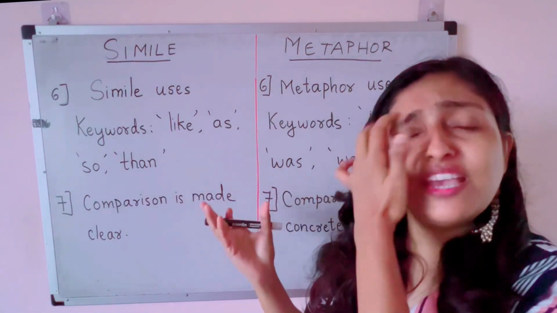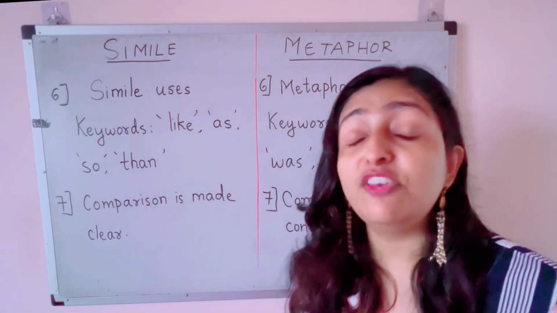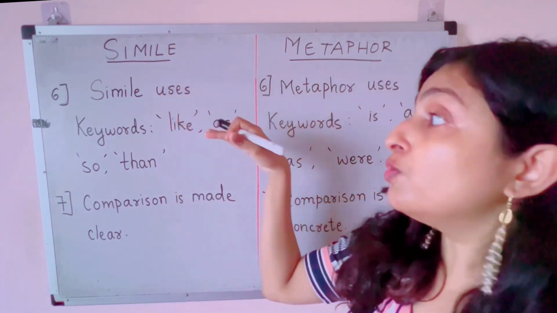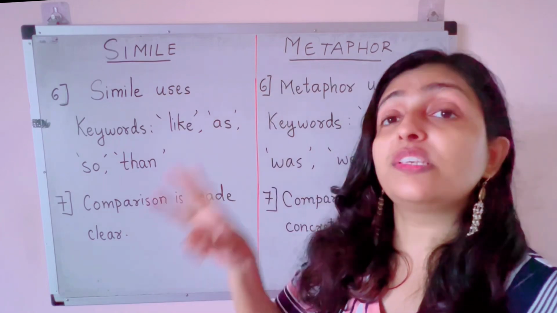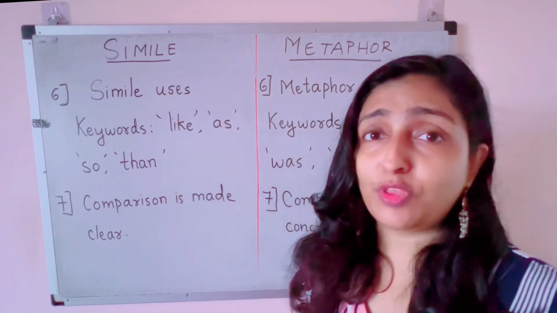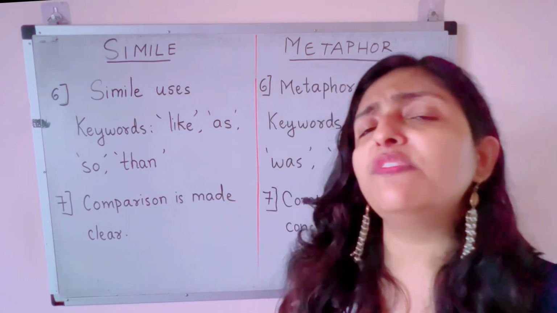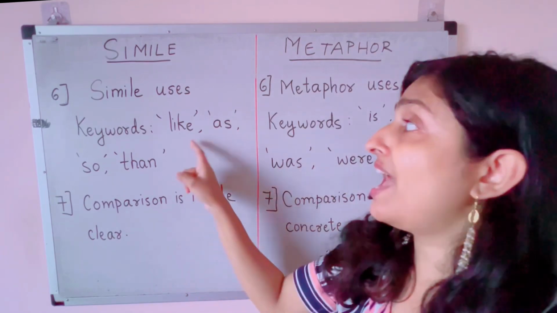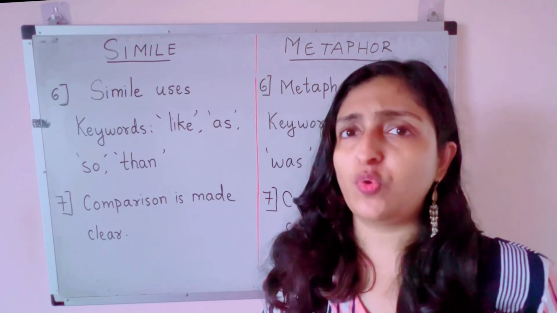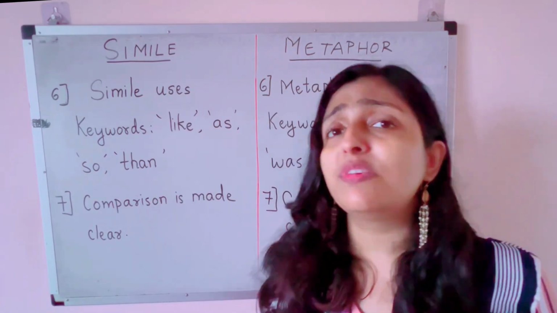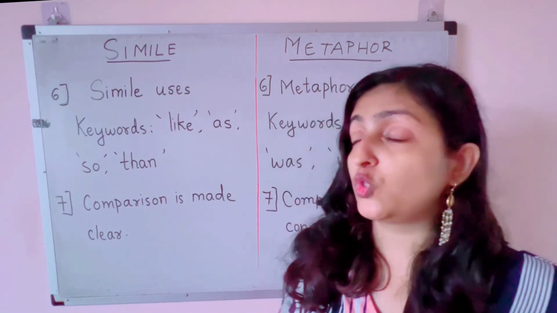Next differentiation is between keywords. Simile uses keywords like, as, so, than. The most common keywords used in simile are like, as, so. Than is not so frequently used. One such example is pen is mightier than sword.